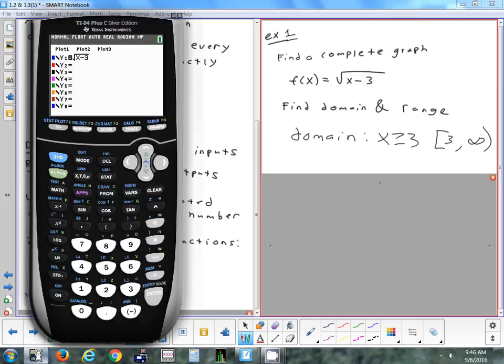All right, so let me graph that. Since I can pick numbers that are 3 and up, I'm going to go from 0 and up, just so my graph's not on the edge of the screen. There's my graph. Now, what am I going to get for the range? Those are the y values. What kind of y values are in that picture?